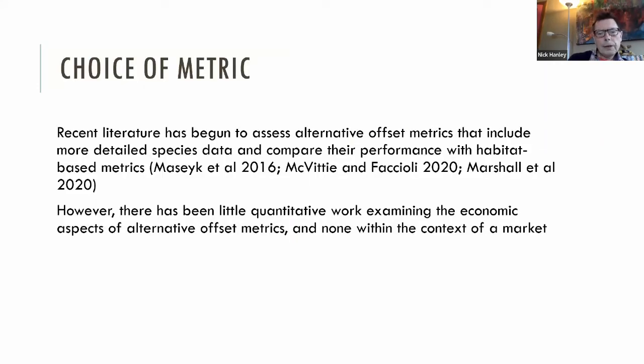So, there's a bunch of ecological work on the impacts of alternative metrics, but really not much economic work that's quantitative, and certainly none that we could find within the context of a market for offset credits. So that's essentially where we're going to be walking towards in this work here.